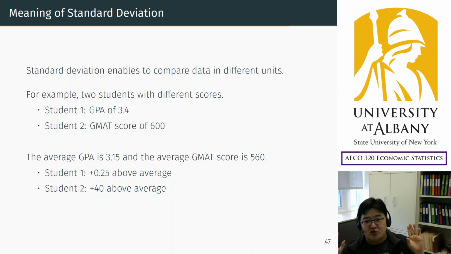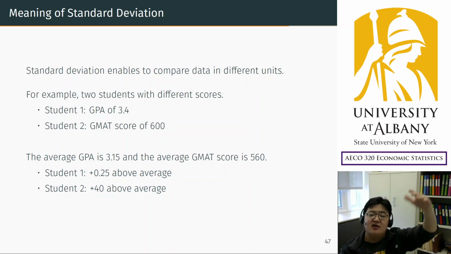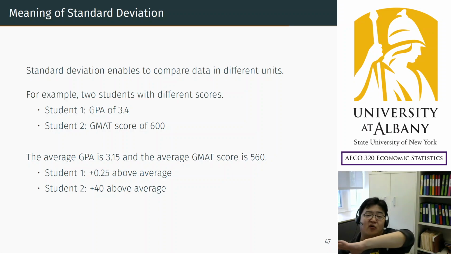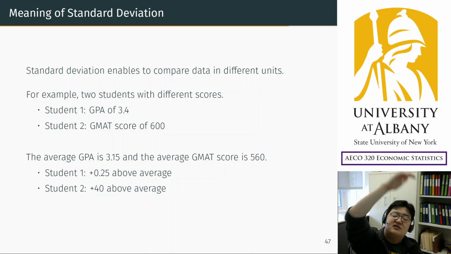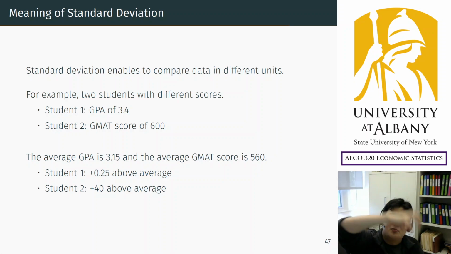You learned both students are above the average. Now your decision is to determine who is more above, who is further from the average, right? If the distance from the average is larger than the other, then that student is better. It's now more about distance.